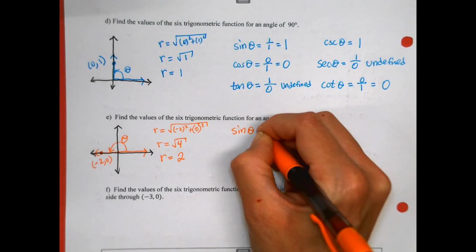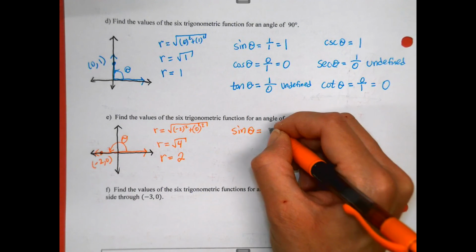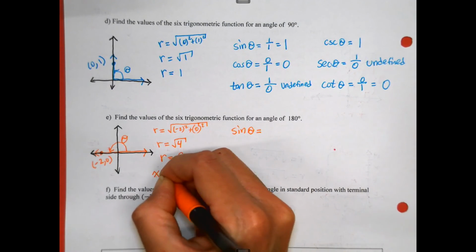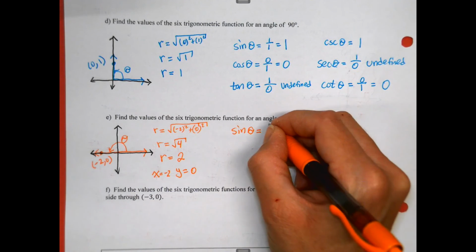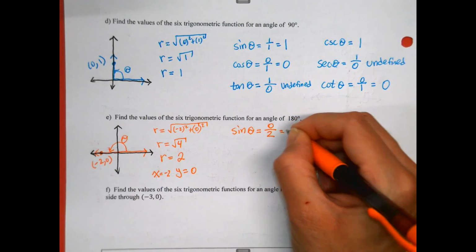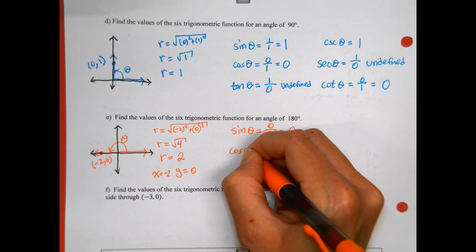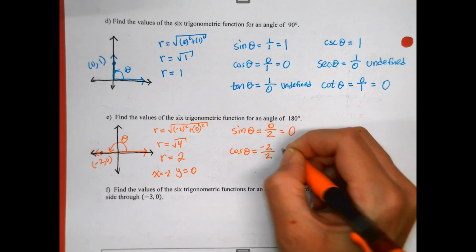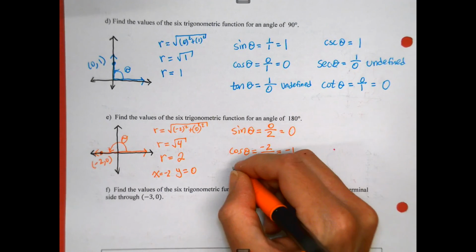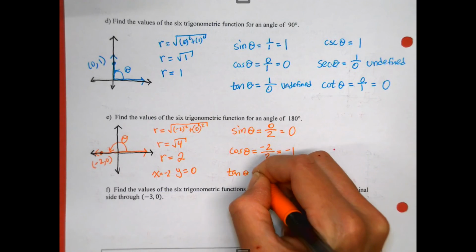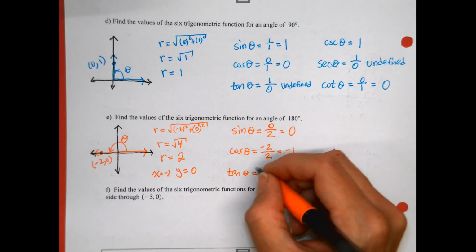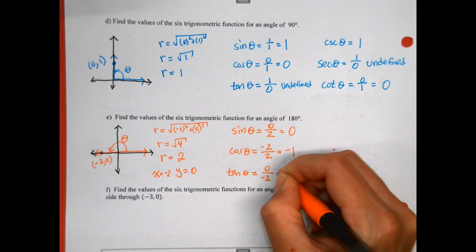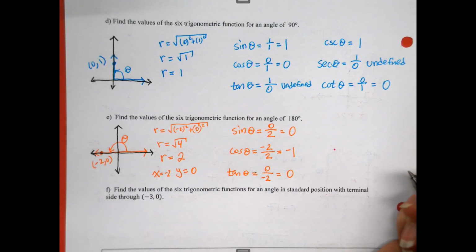Sine of theta is y over r. Our y in this case is 0, our x is negative 2. 0 divided by 2 is 0. Cosine of theta is x, which is negative 2, over r, which is 2. We end up with negative 1. Tangent of theta is going to be y over x. Y is 0, x is negative 2. So therefore, it is 0.